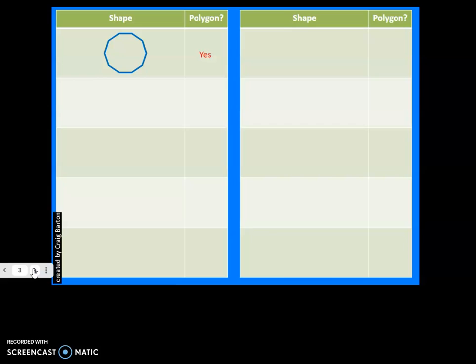So this one is all sides are segments, one region. Same thing. So this one's a no. It does have the one region, but it's made up of one path, and it's a circle.